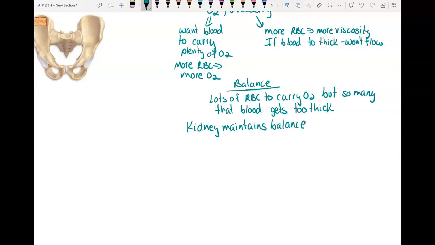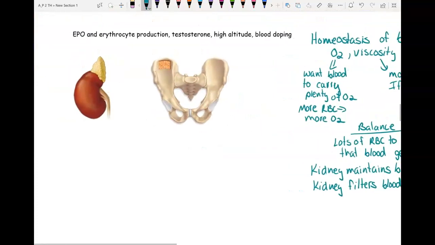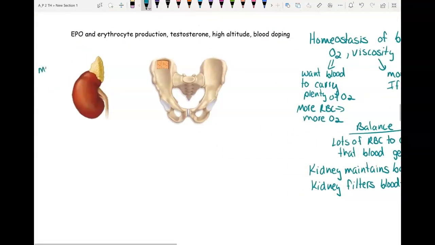Your kidney filters your blood. As it does, it monitors the oxygen level. So we have here your kidney. It's filtering your blood, and as it is, it monitors your oxygen.